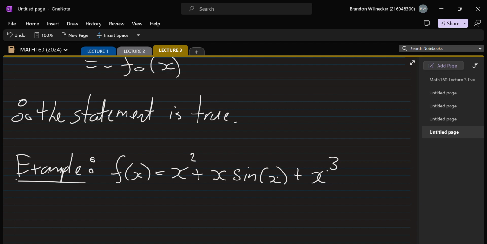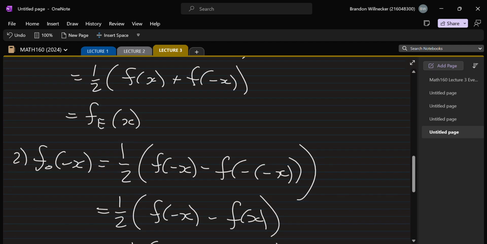Now this is quite easy to do. We just look at all the terms and see, are the terms even or odd? If the terms are even, we can add them together and we get something that's even again. You're going to be proving that on the weekend. If we have two odd things together, we can add them together and it will be odd again. If we have an odd thing times an odd thing, that's again in your homework, the result is even. Good. So we don't even need to use this definition here, although we could.